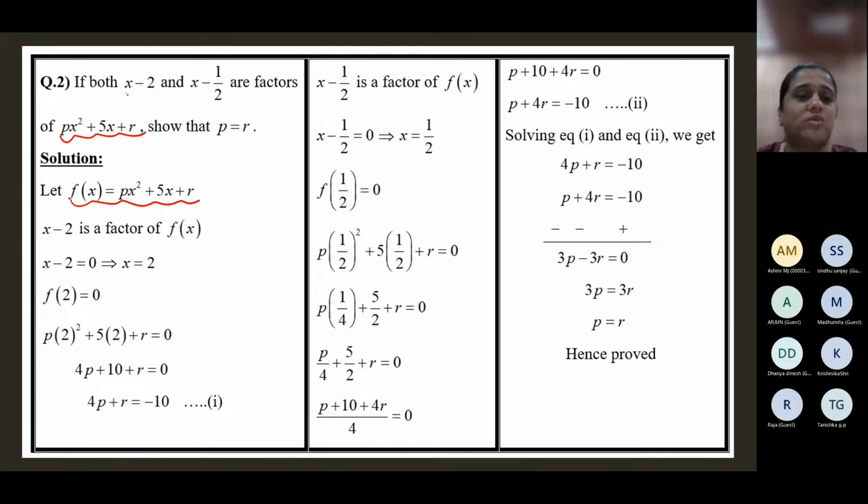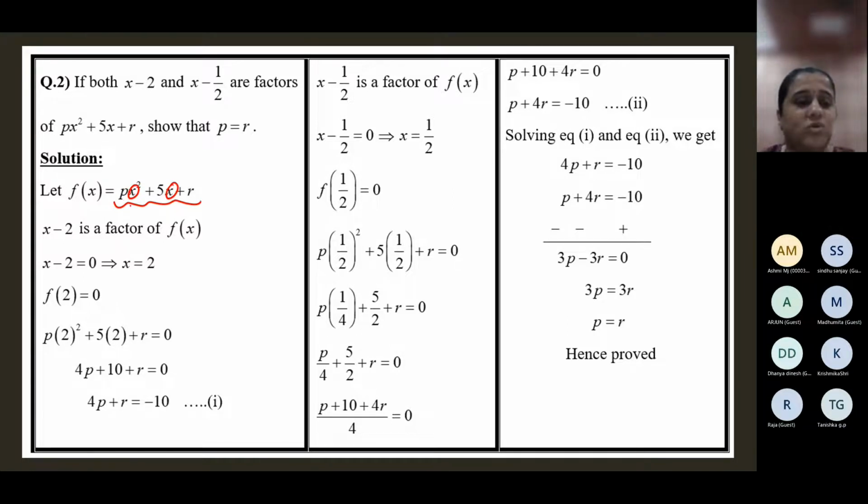Now it's given, both the factors are linear. So you can take them directly. Both of them are linear, x minus 2, x minus half. So first, x minus 2 is a factor of f of x. X minus 2 is equal to 0, x is equal to 2. Since it's a factor, f of 2 will be 0. So how do you work on f of 2? F of 2 means wherever there is x in f of x, you must use 2.